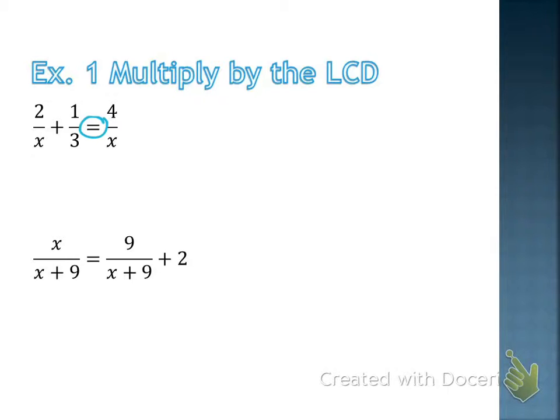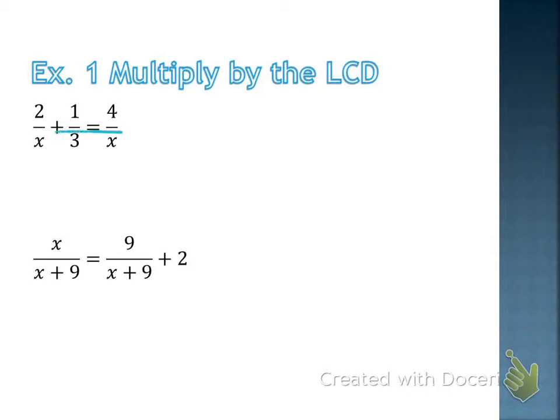So our mission is finding out what number x represents. In order to do that, what do fractions have to have in order to be added or subtracted? Common denominators. So before I can do anything, I've got to get a common denominator.